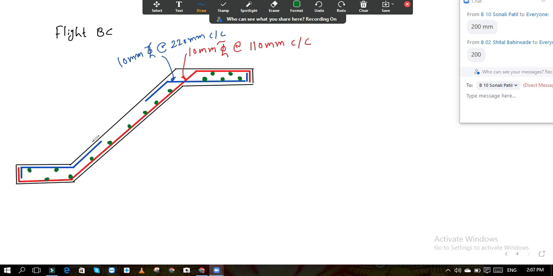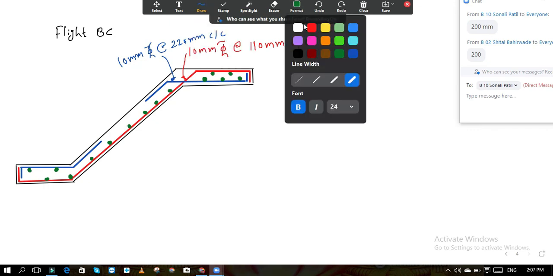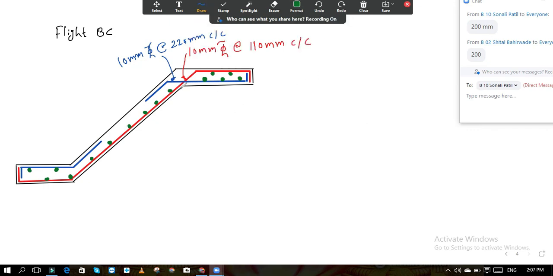This steel is 8 mm diameter bars, about, what is the spacing? Spacing of distribution steel, we have just calculated, is 200 mm center to center. Okay, so this is the reinforcement details for flight BC.